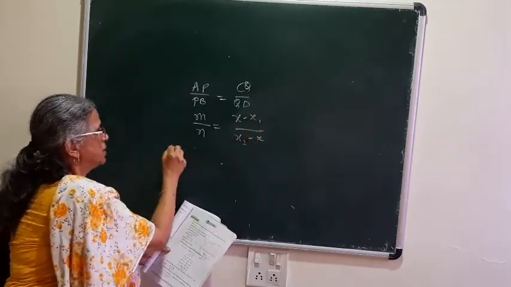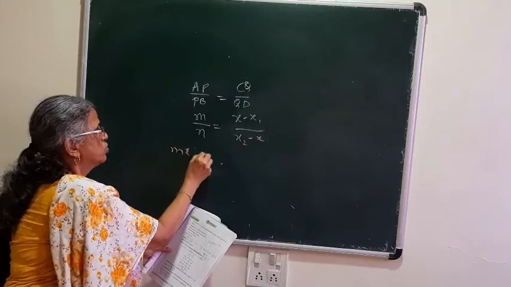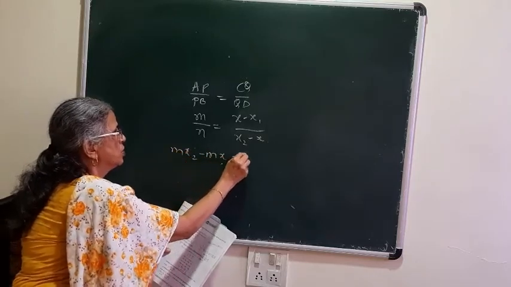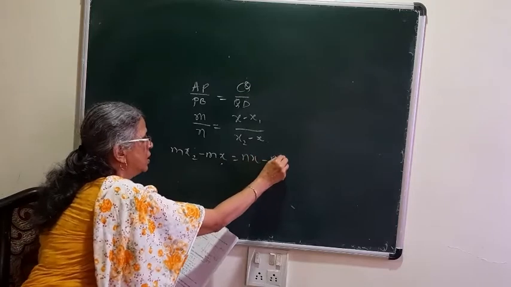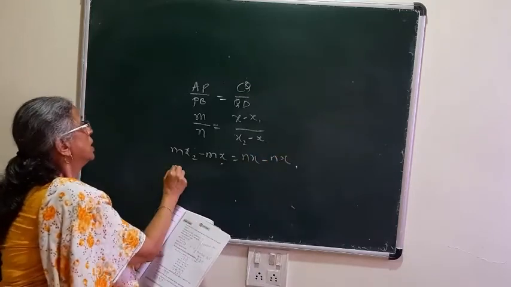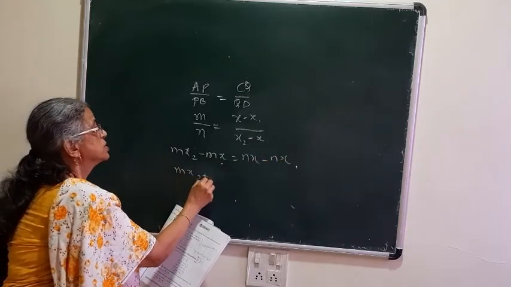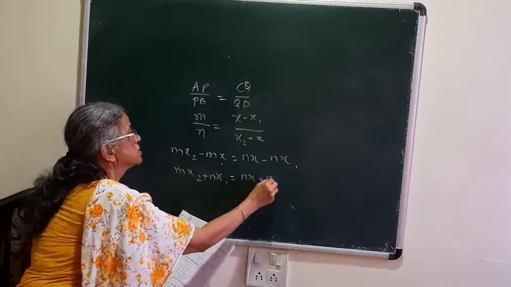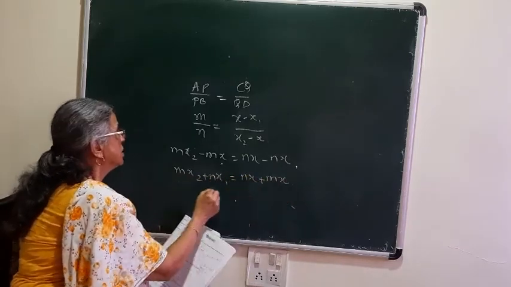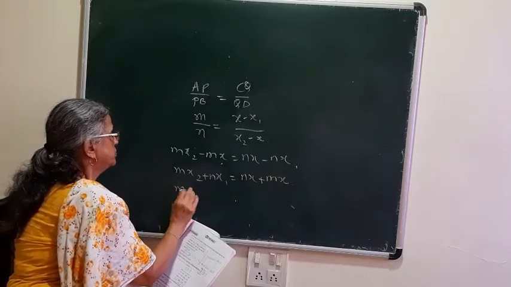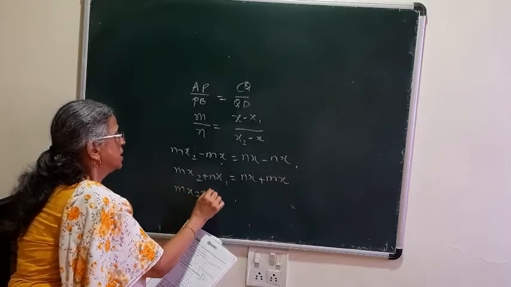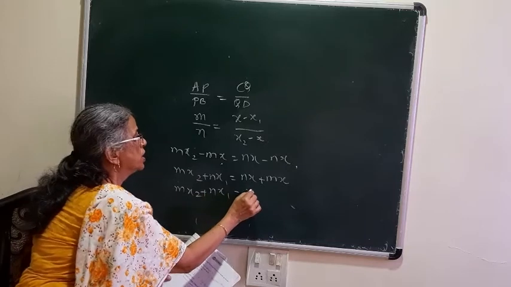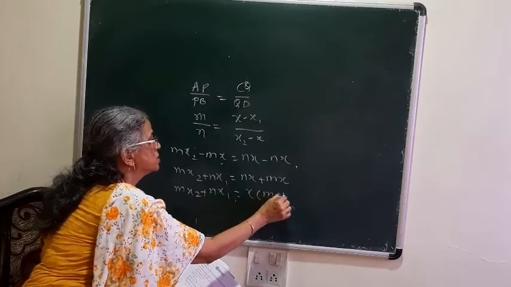So on cross multiplication, mx2 minus mx equals nx minus nx1. So mx2 plus nx1 is equal to nx plus mx. So I will take x common here: mx2 plus nx1 is equal to x times (m plus n).